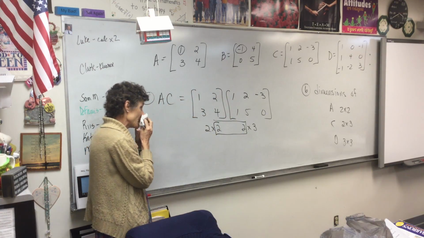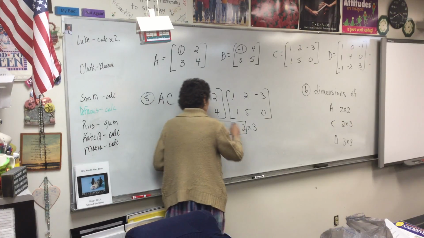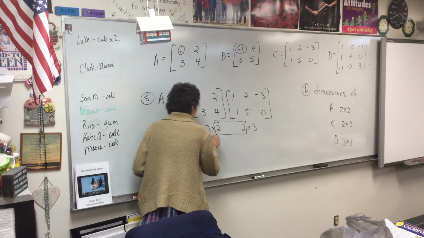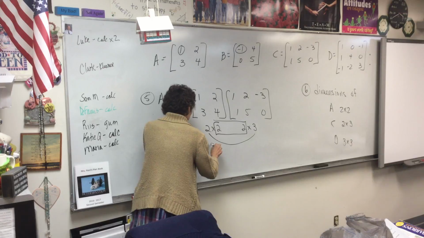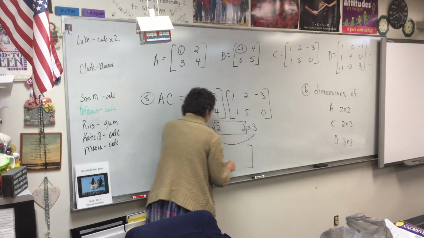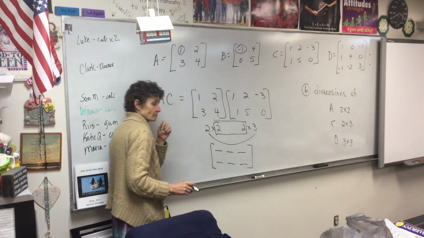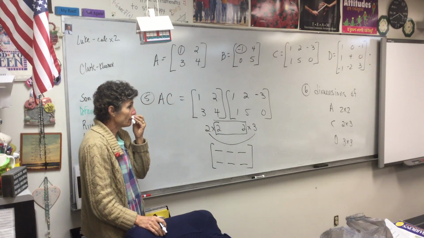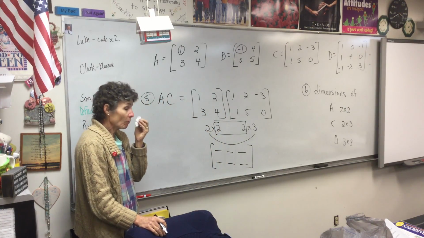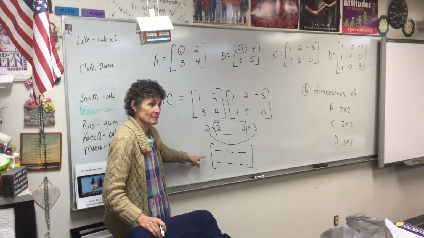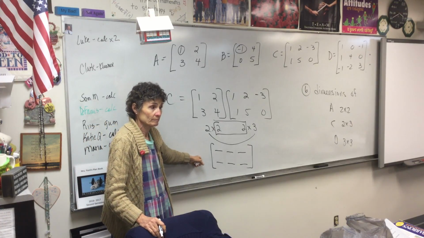But in multiplication, we just got to match those middle ones. And our answer will be 2 by 3. Okay? So now we're going to fill in all of these blanks. Is everybody okay to this point?